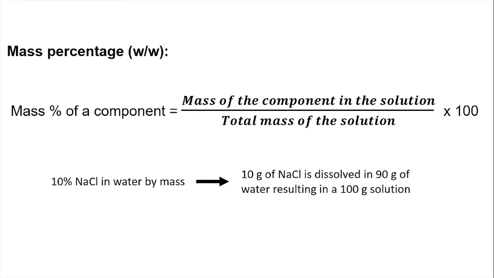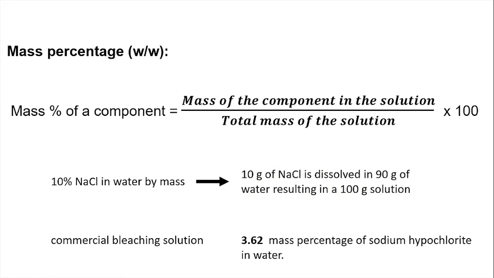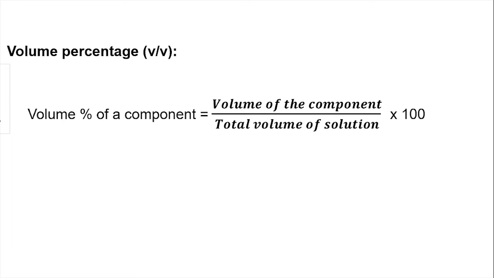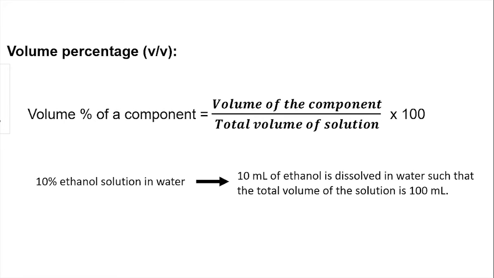For example, commercial bleaching solution contains 3.62 mass percentage of sodium hypochlorite in water. Volume percentage is defined as the volume of the component divided by the total volume of the solution, multiplied by 100. For example, a 10% ethanol solution in water means that 10 ml of ethanol is dissolved in water such that the total volume of the solution is 100 ml.